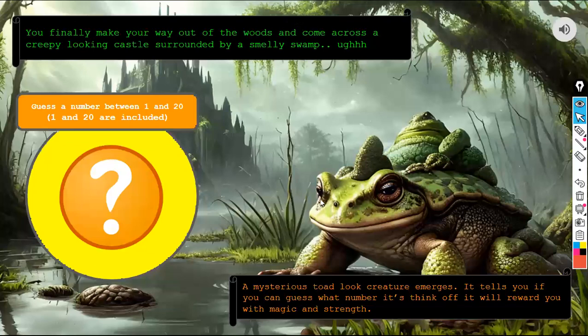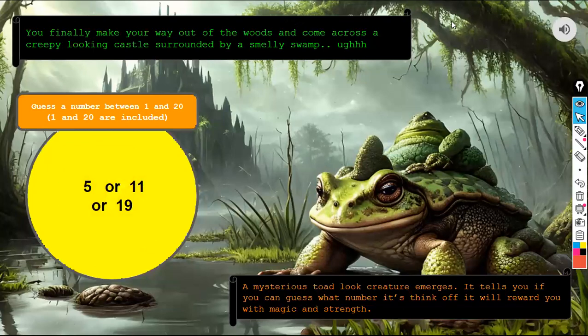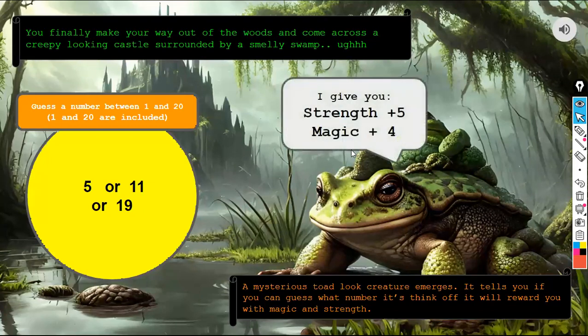All right, so let's see if you got lucky. Did anybody choose 5, 11, or 19 and send it on the chat? If you guessed one of these numbers, this is what you win. Add 5 to your strength and add 4 to your magic.